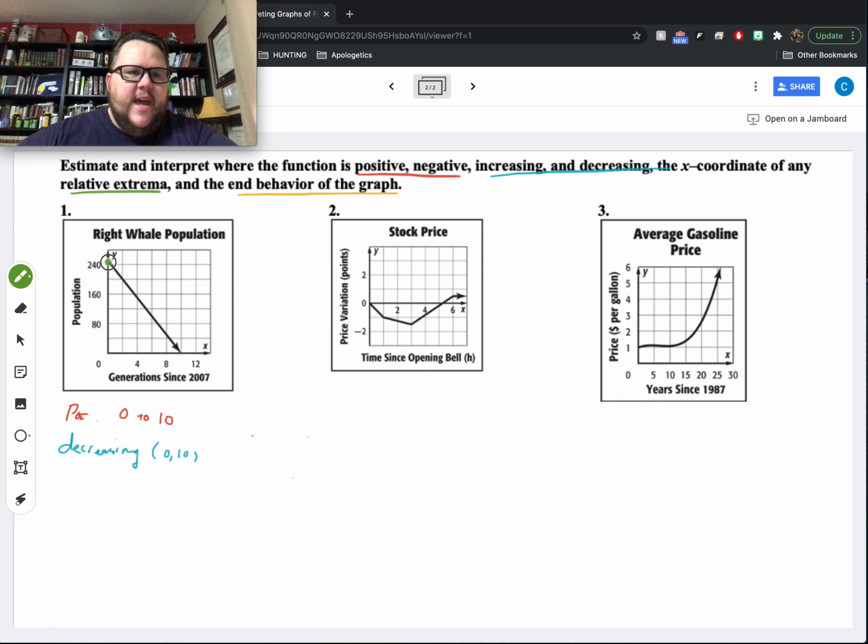I guess we can say that x at 0 is a max and a min at x equals 10. And then the end behavior: as x approaches 10, y approaches 0. And that's what we're doing for all of these graphs.